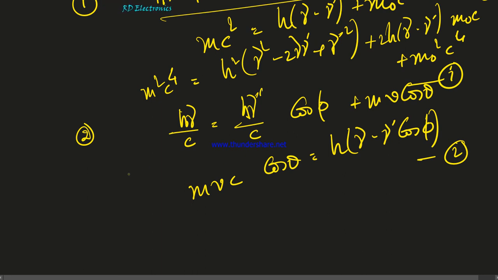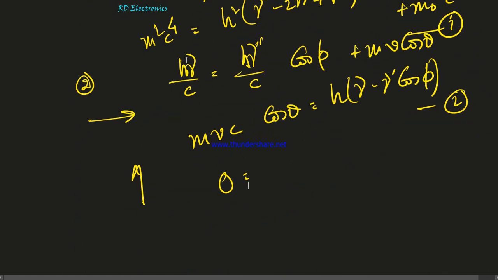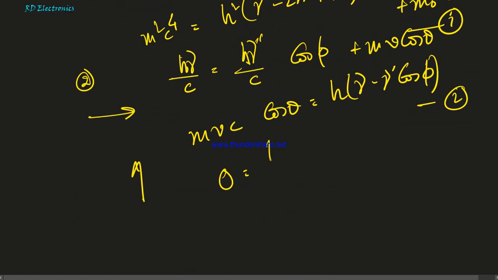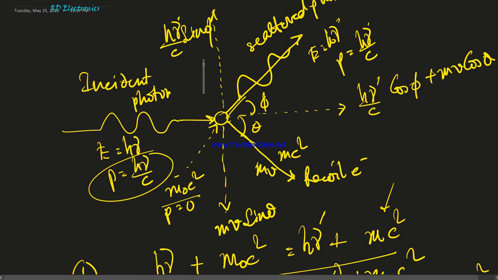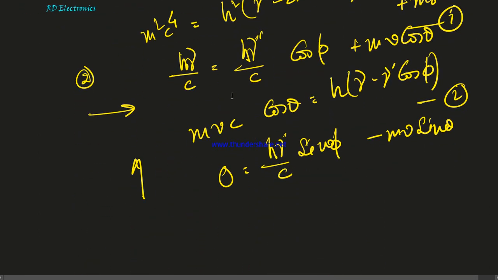Now this is a horizontal part. Now the perpendicular part, the vertical part: there is no momentum of the incident energy. But after scattering, the vertical part is h nu dash by c into sin phi, with a minus sign, because this is in the positive direction and this is in the negative direction, or we say that these two components are in the opposite direction.